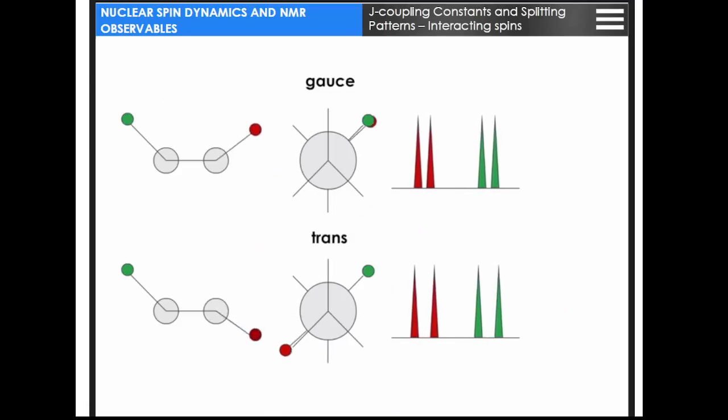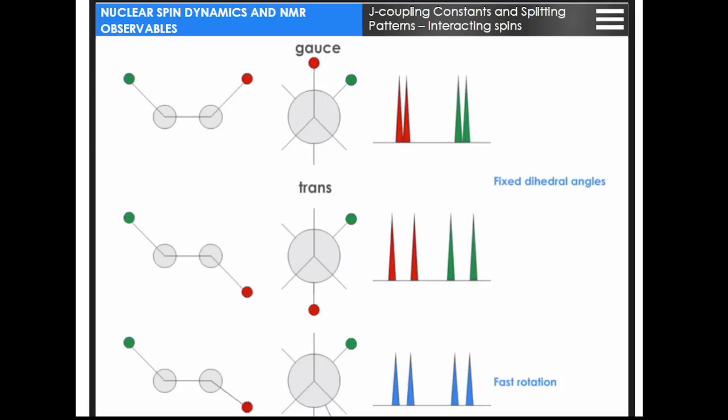J-coupling constants depend on the dihedral angles defined by the interacting spins. For example, the three-bond J-coupling constants are largest when two coupled spins are in the trans conformation and smallest for the gauche conformation. This dependence is commonly used in protein NMR analysis to obtain constraints on the structurally important dihedral angles.